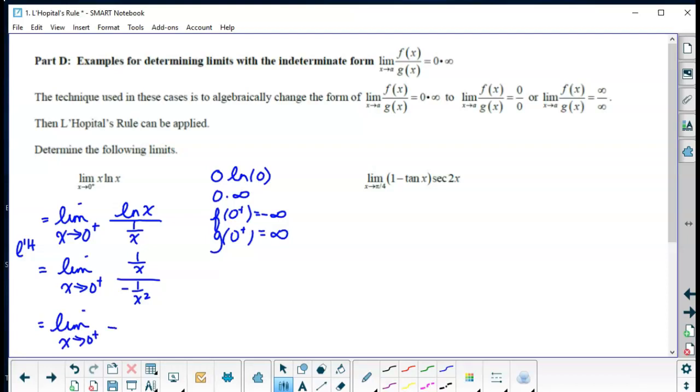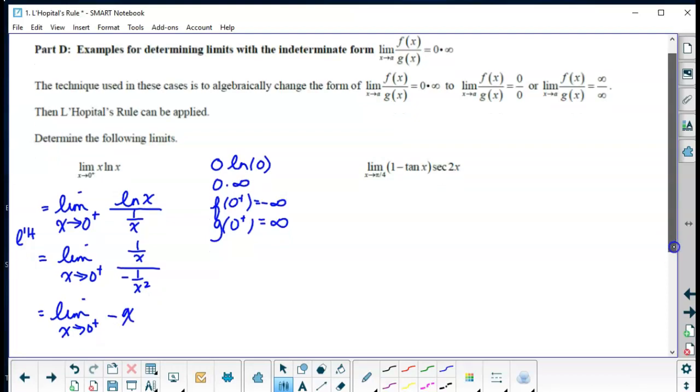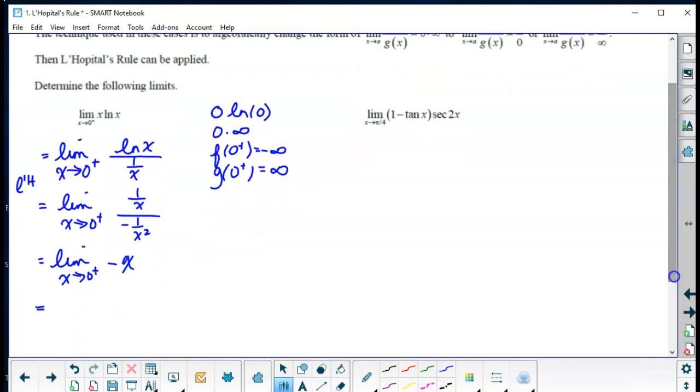And so that's going to be negative x. Now, 0 from the right, okay, is going to give me 0. Right? So it does exist. Yeah, it's a value of 0, but you've now shown that it does exist. Okay. I just realized up here, ln of 0 is actually negative infinity, but in any case, it's still of that indeterminate form. Okay, next one.